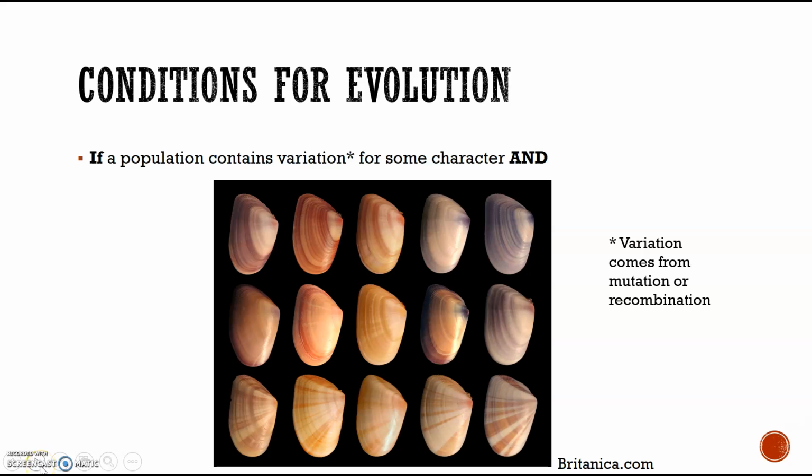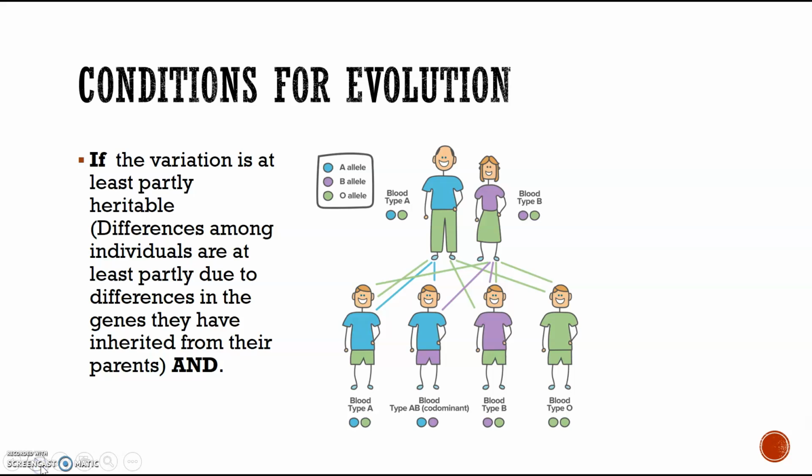So if that population contains variation, and if that variation is at least partially heritable, meaning can that variation be passed down to your offspring, and the differences among individuals are at least partially due to differences in the genes they've inherited from their parents, right?